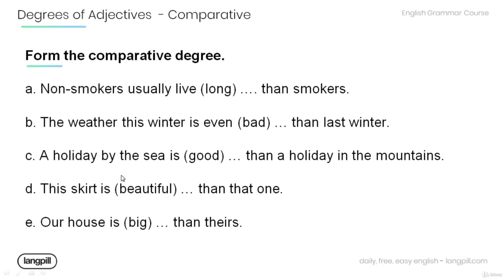C. A holiday by the sea is good than a holiday in the mountains. D. This skirt is beautiful than that one. E. Our house is big than theirs.